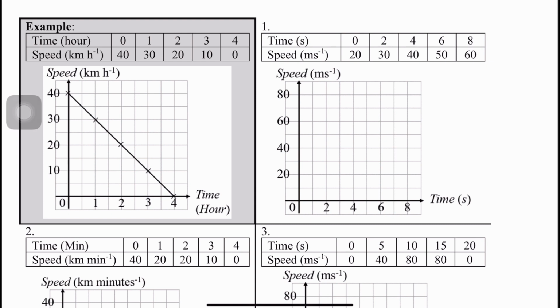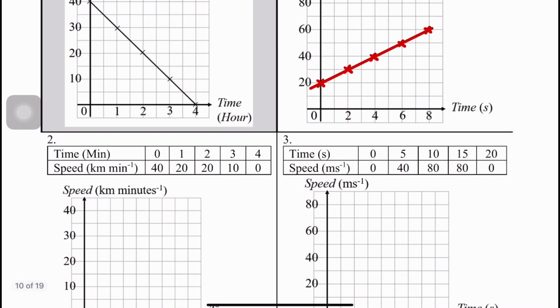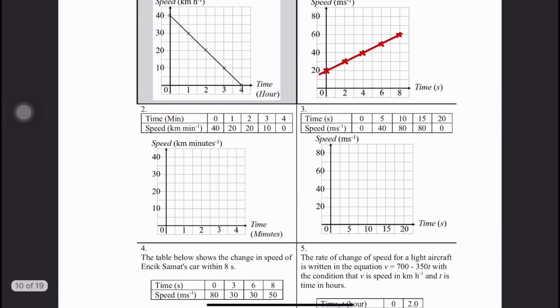You have 0, 20. 0, 20 is over here. And then 2, 30 here. And then 4, 40. 6, 50, and finally 8, 60. Then you just connect them. Okay, settle.